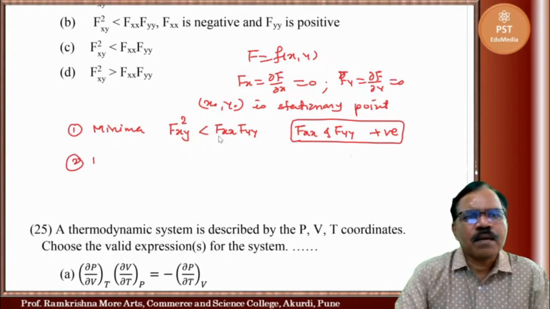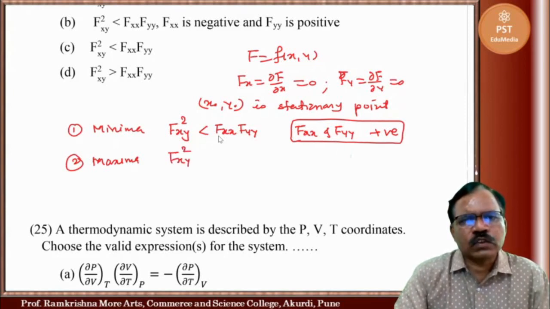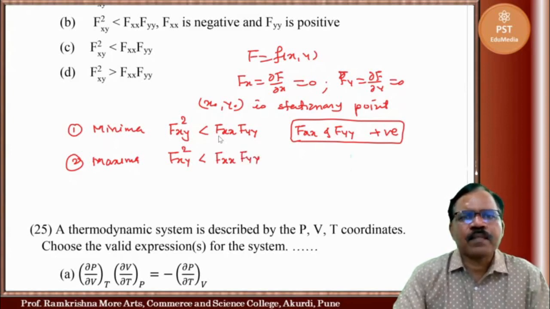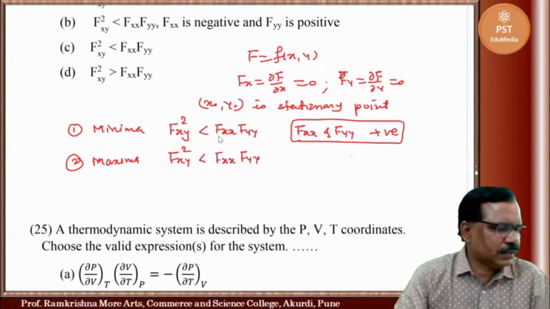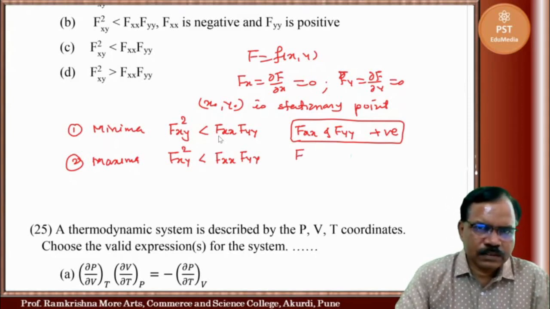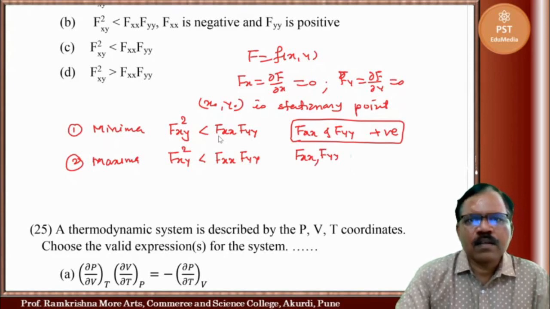Second, maxima when fxy² is less than fxx fyy, but fxx and fyy both are negative.